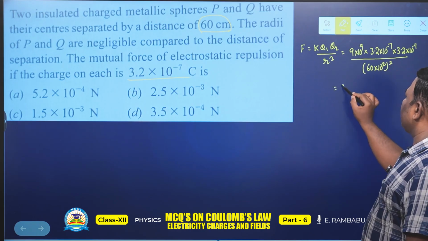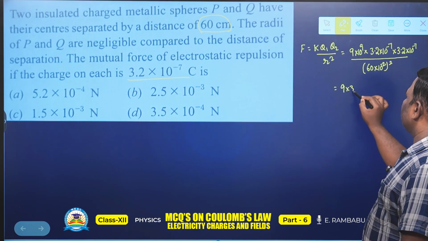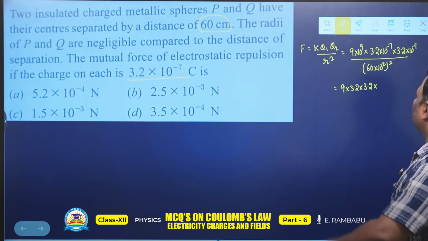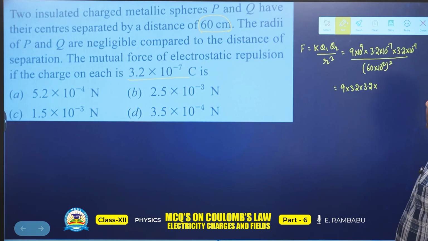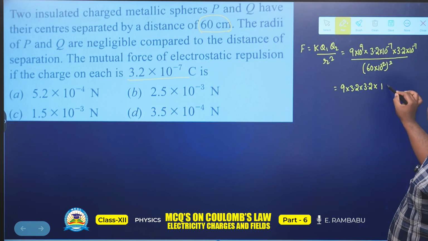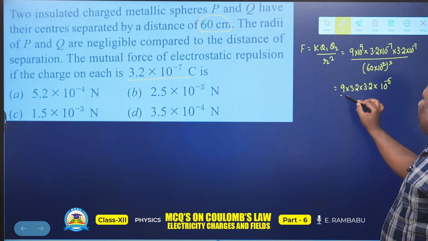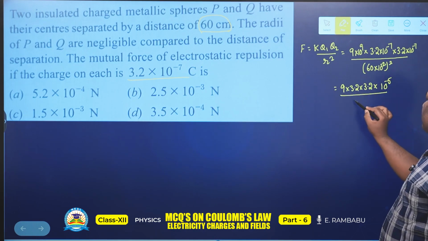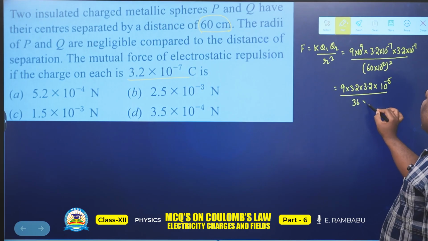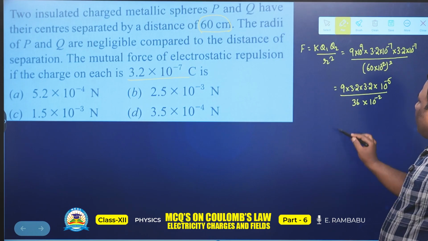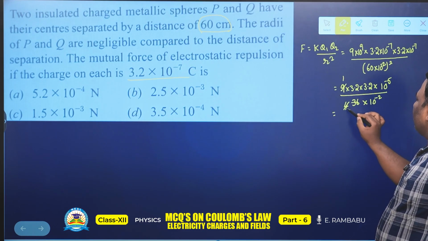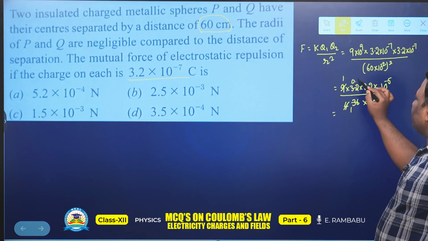So simplifying this one, 9 into 3.2 into 3.2 into 10 to the power minus 7 and minus 7, which is minus 14, plus 9, 10 to the power minus 5, divided by 6 into 10 to the power minus 1. 6 into 10 to the power minus 1 squared means 36 into 10 to the power minus 2. Simplification: 9 ones are 9, 4 fours are 4, 4 eights.